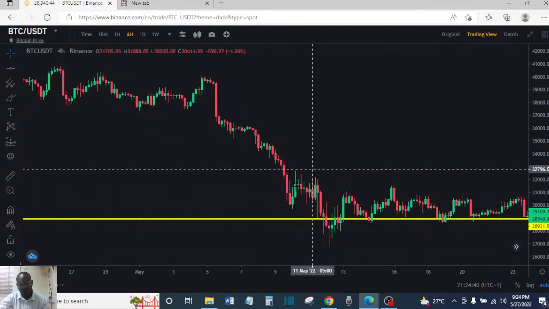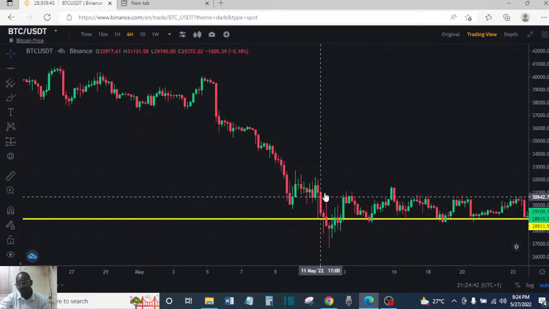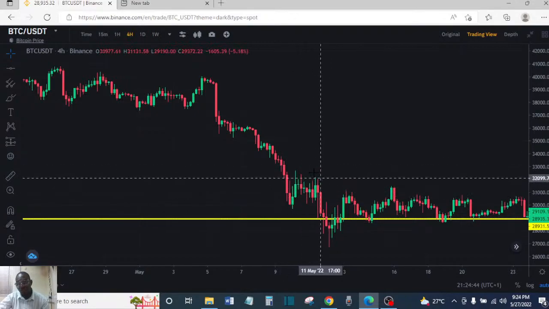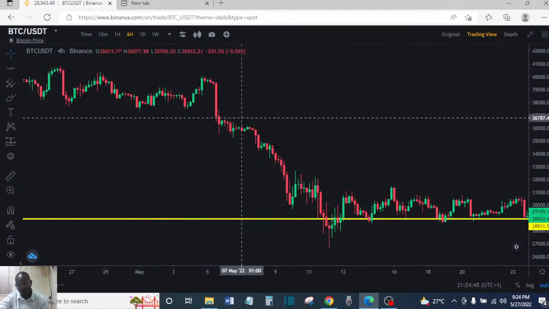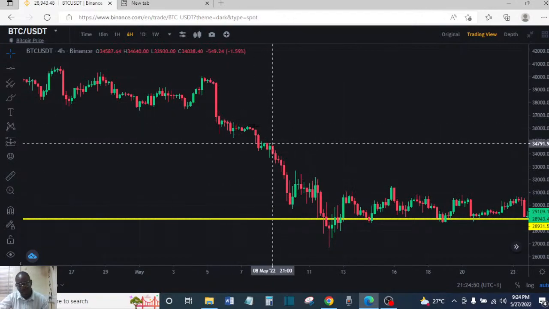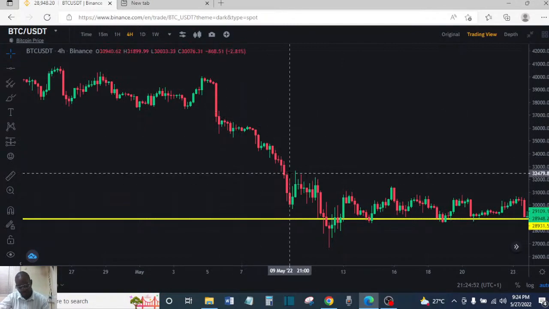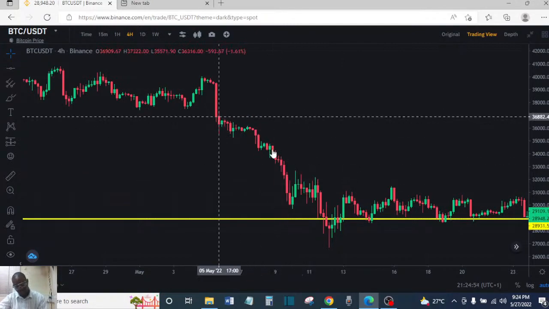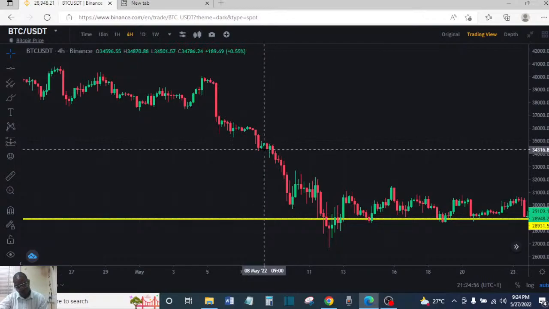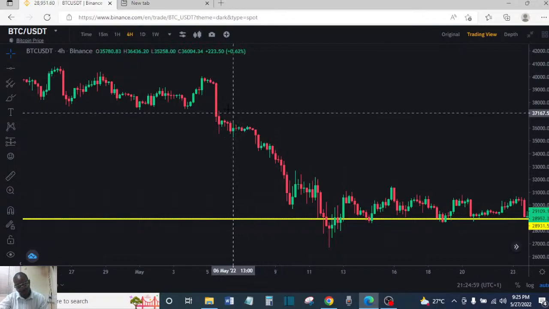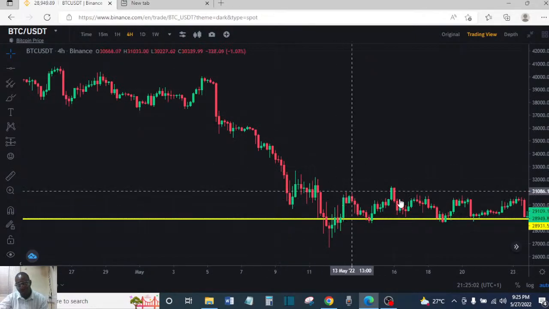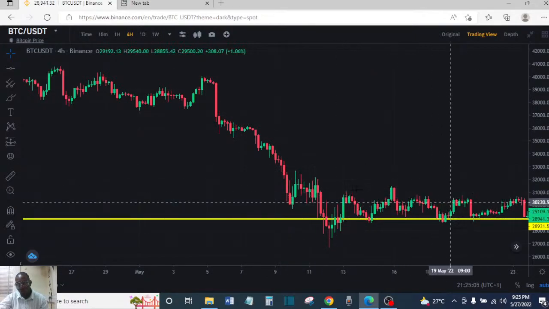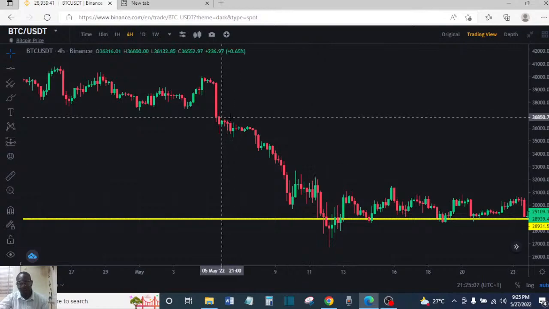So there are not enough stops to give us that kind of liquidity that will take us up and clear all what is here. All the stops that are here are stops too, but they are not as major as the kind of stops that we have here. Look at the kind of stops we have here. So they are creating those stops so that they will be able to clear all these stops that are here.